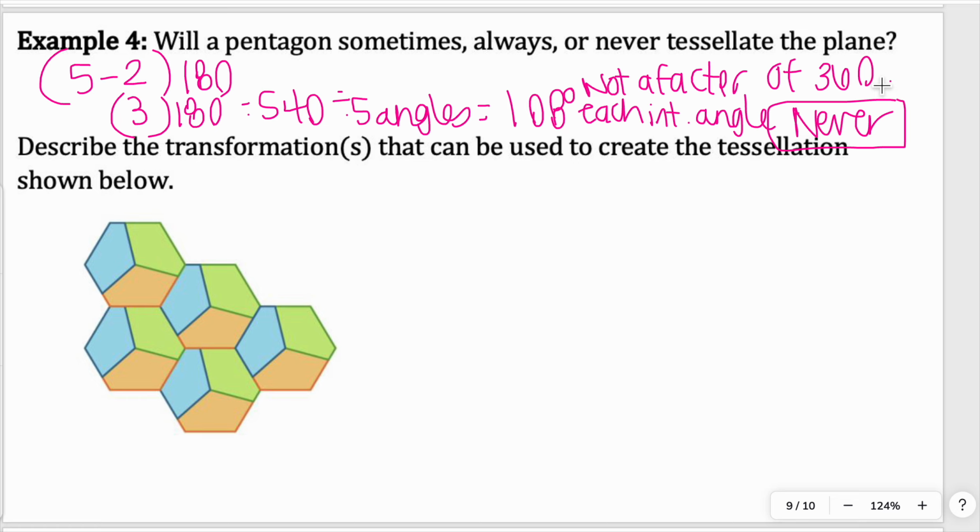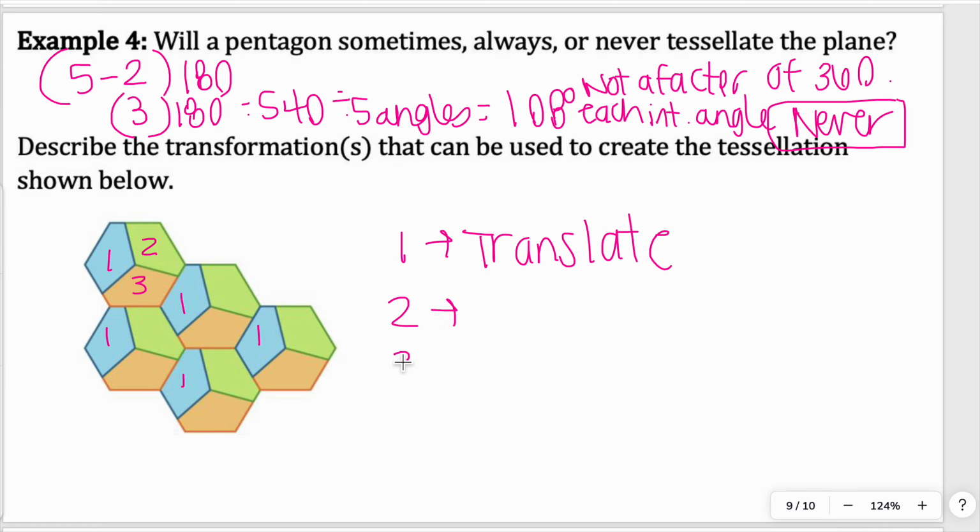The next one is describing transformation. So again, you can look at each one of these as shape 1, 2, and 3. And the transformations that we're seeing, so like shape 1 is being translated. And then I would say shape 2 and shape 3 are both being rotated.